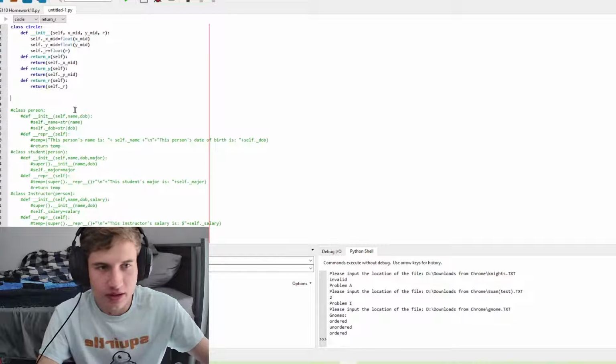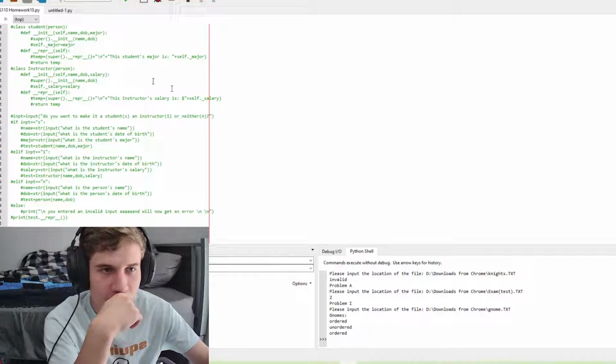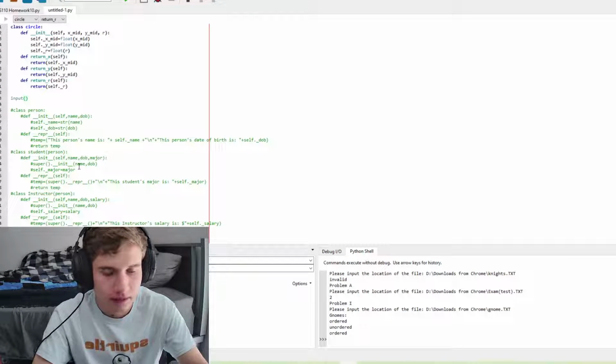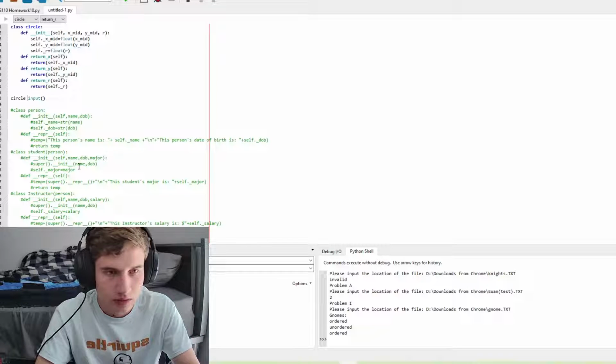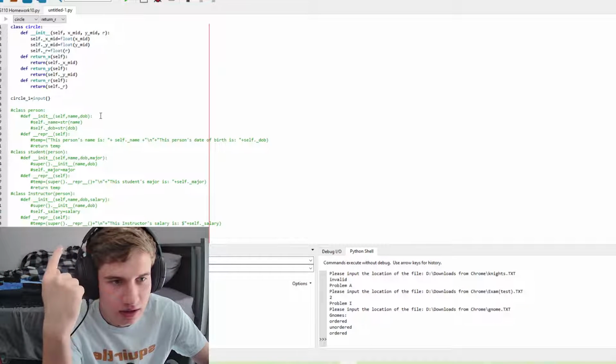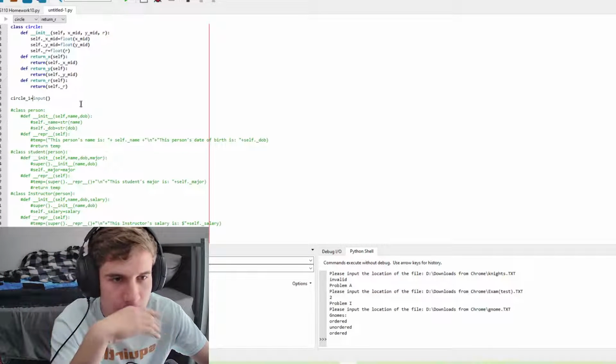Okay, I guess I should probably get the input first, so that I can put in the actual code. We should do input. Circle 1 equals. Okay, I need to find out how I want to do this because I can either put all of those in variables and then run it through the class itself, or I could just directly run through the class.